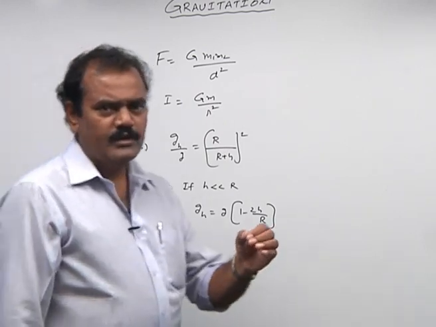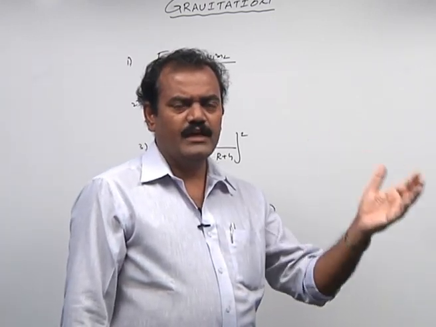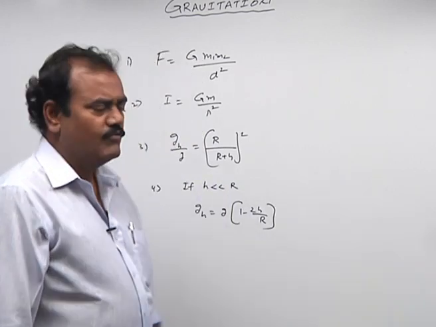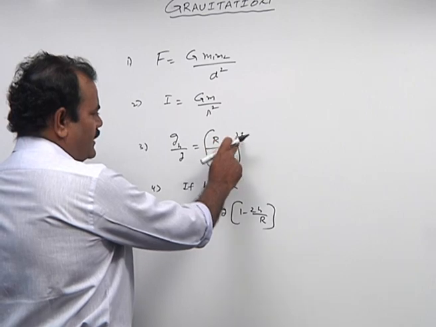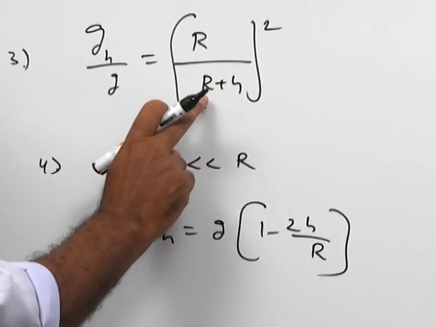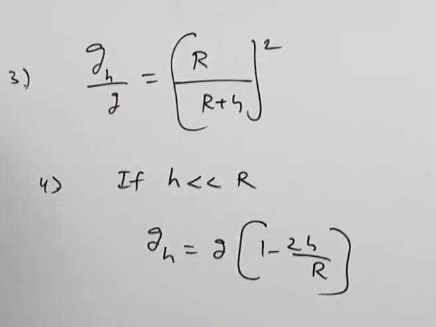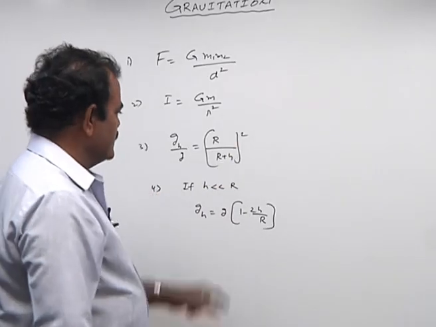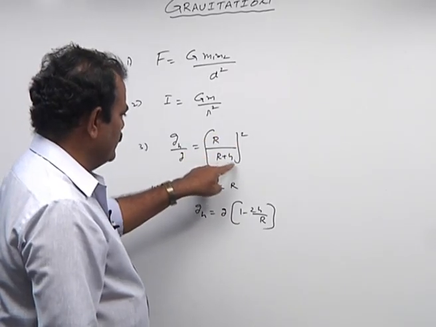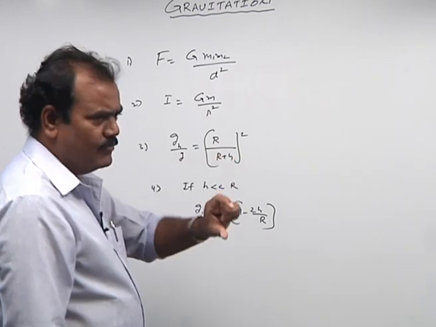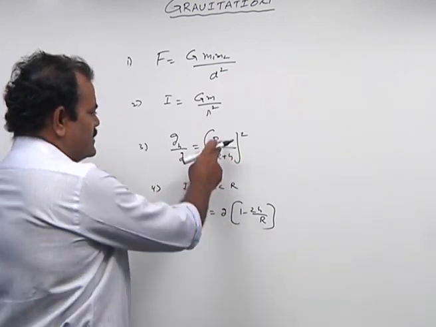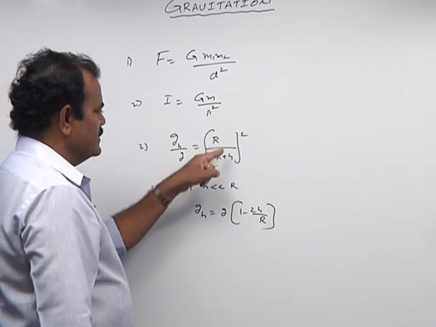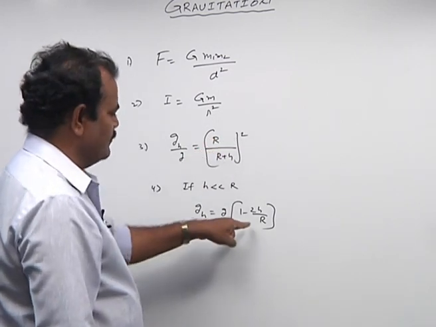Suppose your body is taken to a height of 300 meters of altitude, then what is the percentage change in small g? In that case 6400 kilometers by 6400.3 whole square cannot easily be taken, because we have taken only 300 meters of altitude. It is highly difficult to get that division, so in that case this is the best formula.